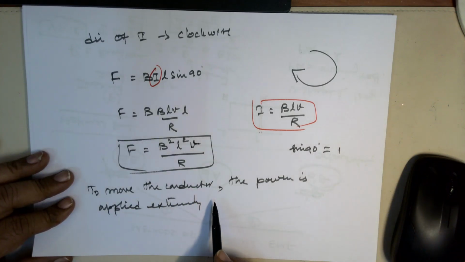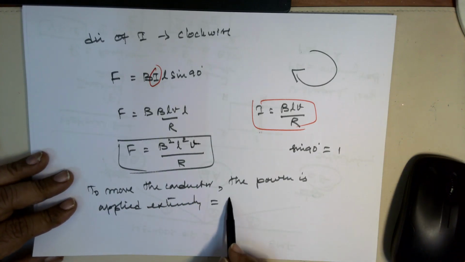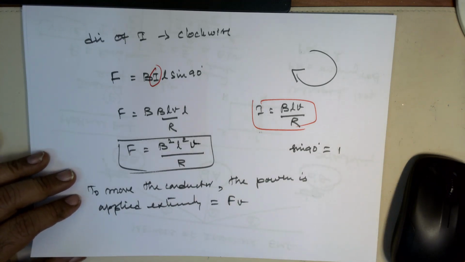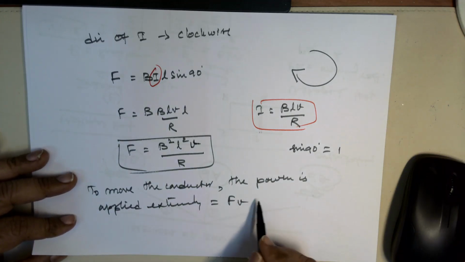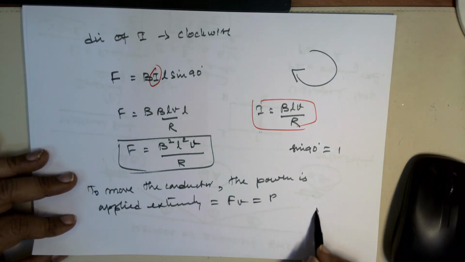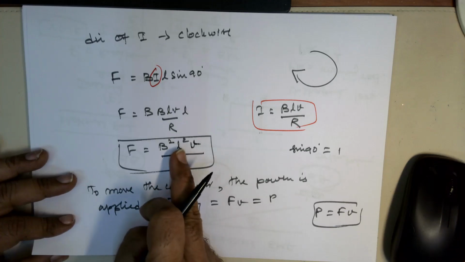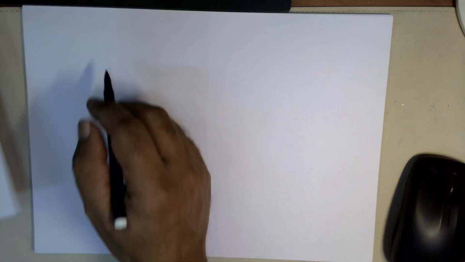So it means it has got certain amount of force with certain velocity it has moved. Okay, so FV. So this is equal to power. This P is equal to FV. Now we can replace this. So instead of F, we can replace this. So therefore, P is equal to what?